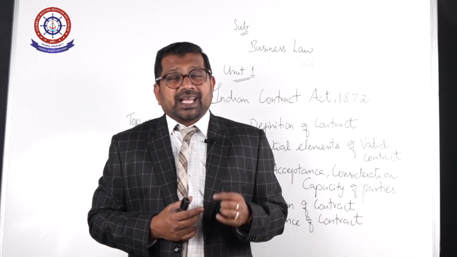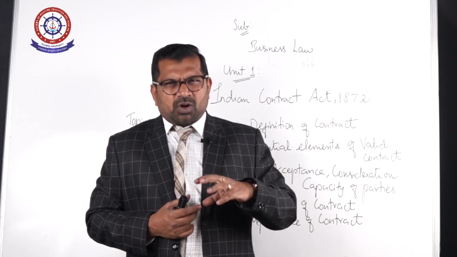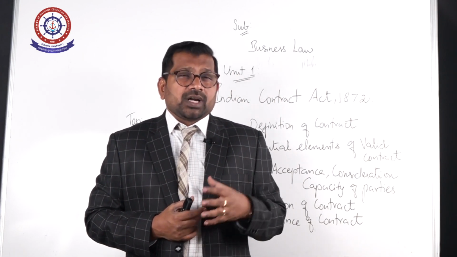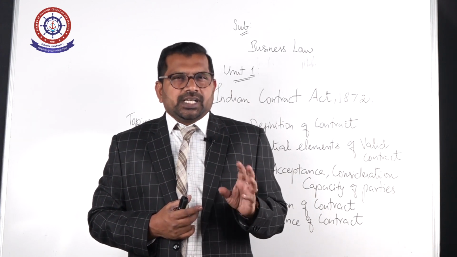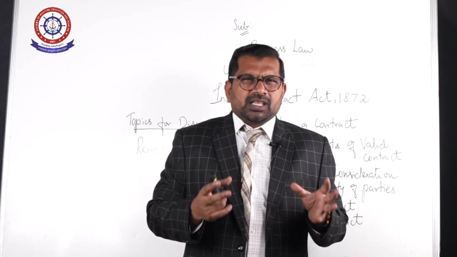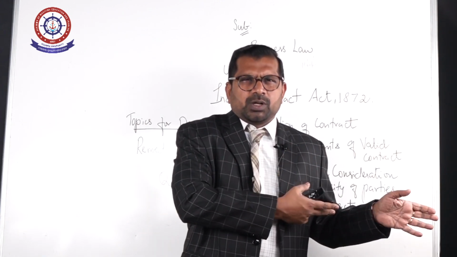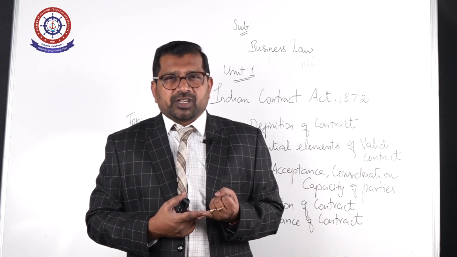The second one is an agreement caused by coercion, undue influence, fraud or misrepresentation. In fraud, intention is present. Misrepresentation means cheating but without knowledge. Here the contract is voidable. Coercion is threatening.